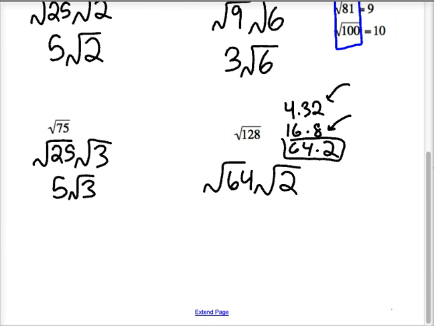So that's why I knew to keep searching, because there were more perfect squares that could pull out. So again, the focus of this is just realizing to go for the largest perfect square. Square root of 64 is 8. And we still have the square root of 2.